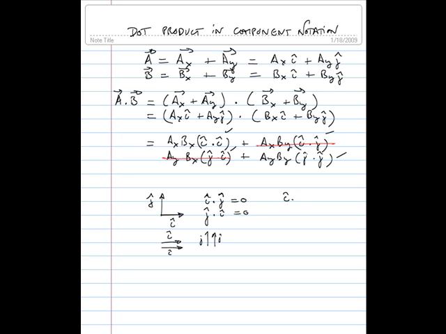Therefore, i dot i is equal to 1, and similarly, j dot j is equal to 1. Again, if you do it in 3D, you will have more terms such that i dot k, k dot j, k dot i, all those will be equal to 0. And similarly, you will end up with k dot k in 3D, which also will be equal to 1.